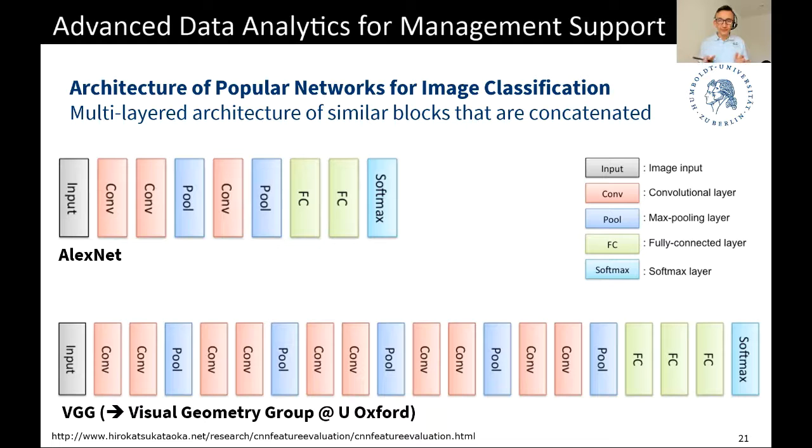And the point I would like to make here is to remind you that convolutional neural networks exhibit this recurrent architectural pattern, that there are a bunch of computational blocks, convolutional layers and pooling layers.